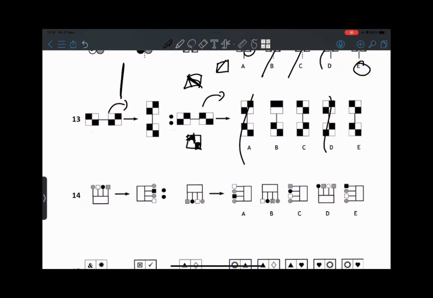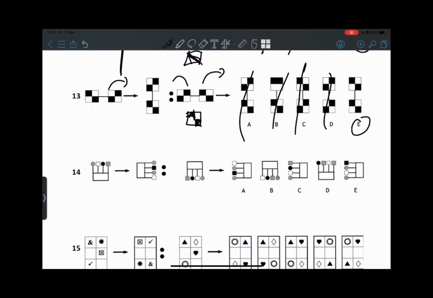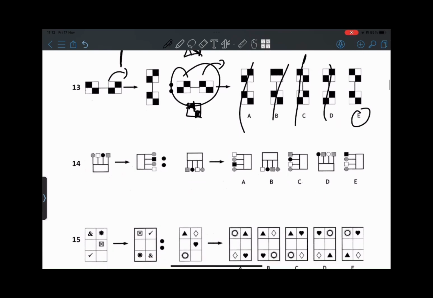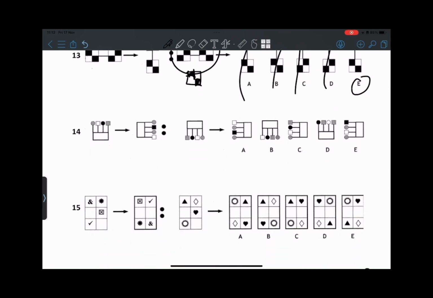So it could either be C or E. The bottom one, if we rotate that, it should be E, because that's, again, the wrong way around. So just turn your head to the left and try and think about what this should look like if it's flipped.